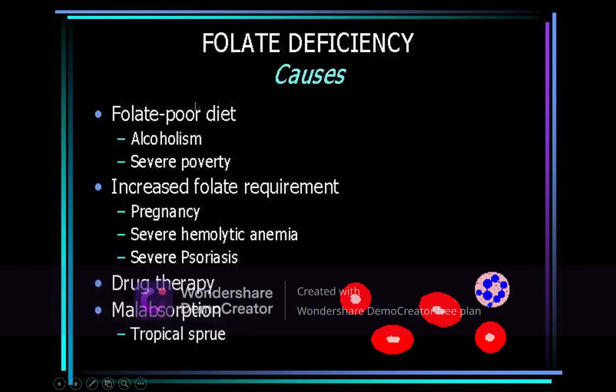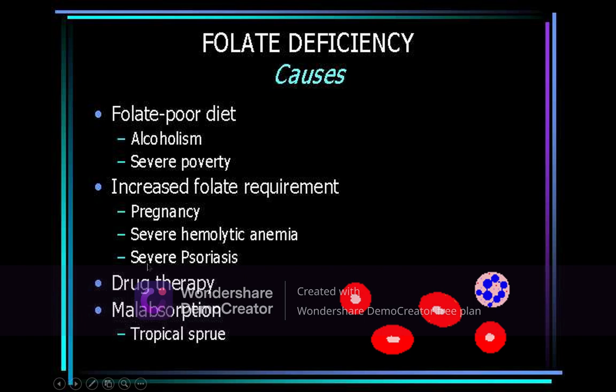What are the causes of folate deficiency? A folate-poor diet. Alcoholism. The folate-poor diet is due to severe poverty; you cannot buy even vegetables and cereals and pulses nowadays. And increased folate requirement in pregnancy, and in hemolytic anemia, where the blood is lost and you need hematopoiesis.